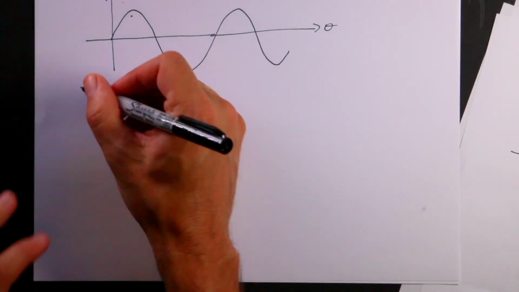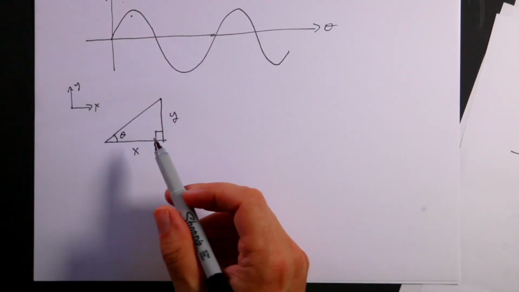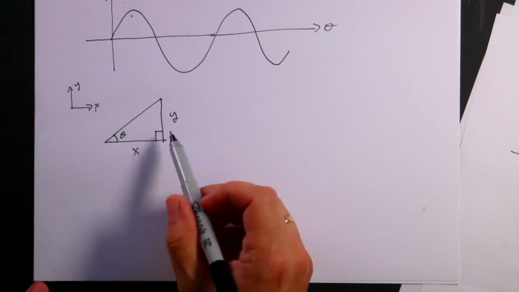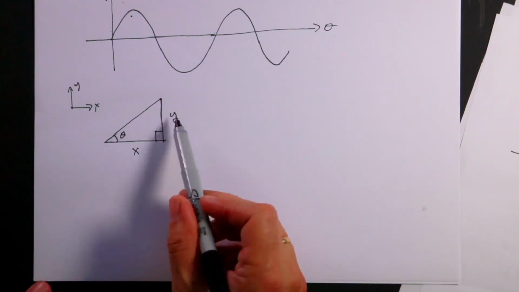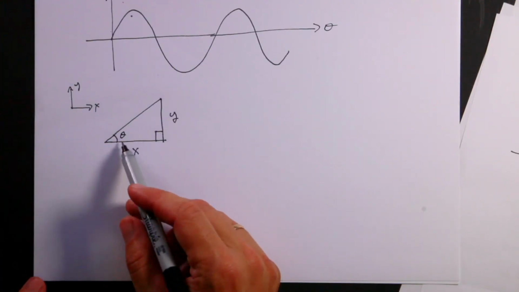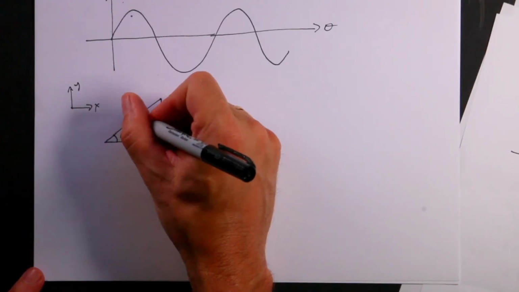Because we normally draw it like that, x and y. So it turns out that if you have a right triangle, there is a relationship between these three variables for all right triangles. So let's call this r.